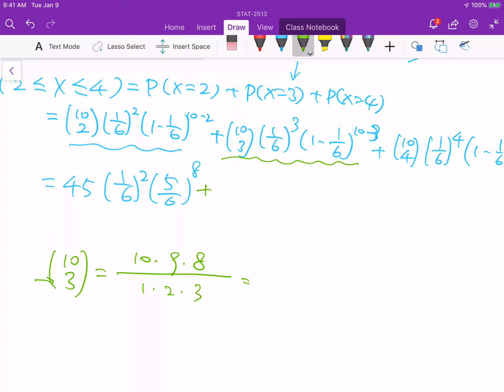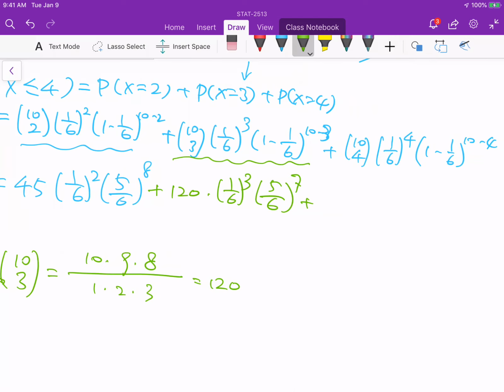So you do the math, and this is 120. So this is 120 times 1 over 6 to the power of 3 and 5 over 6 to the power of 7. Similarly, 10 choose 4 is 210 times 1 over 6 to the power of 4, 5 over 6 to the power of 6.